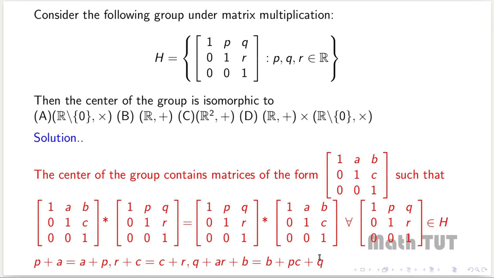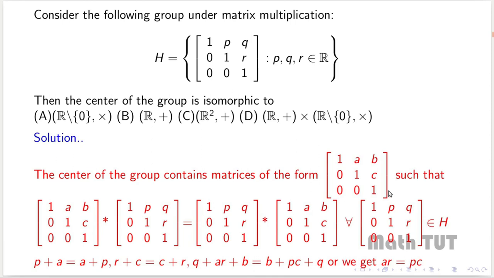That means if this matrix belongs to the center of the group, I should multiply this matrix with every other matrix in this group and check whether it commutes in both ways. So for a matrix like this to commute with this matrix, you must have the condition ar is equal to pc.